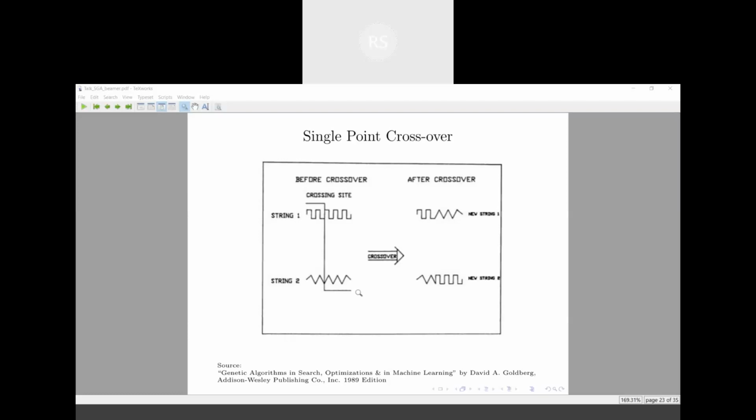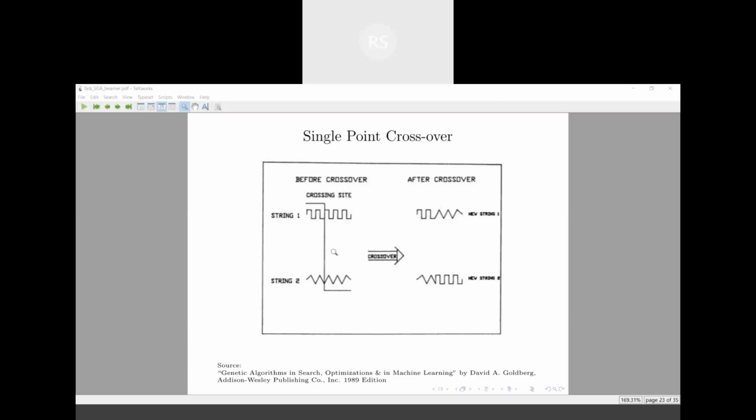So I'll now talk about crossover. The concept of crossover is: if this is string 1 and this is string 2, after crossing over you can see that this part is from string 1, but this second part is from string 2. For this candidate, after crossover, this happens.